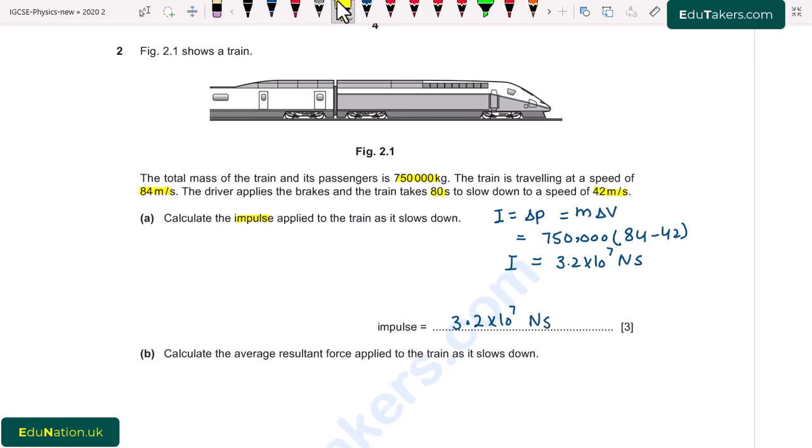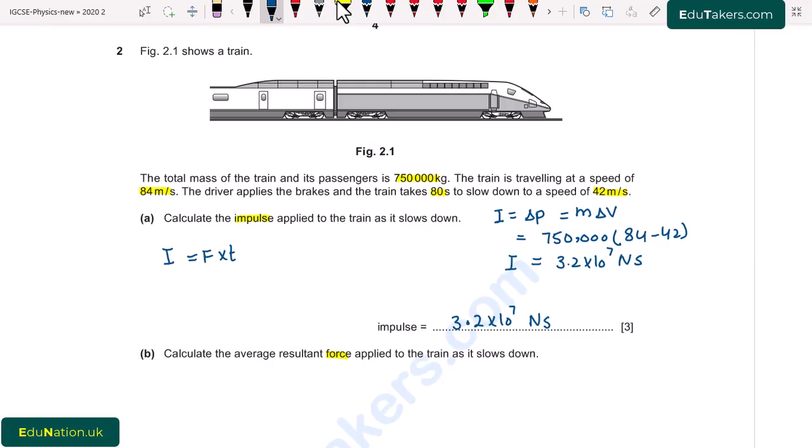Part B. Calculate the average resultant force applied to the train as it slows down. Here we have to calculate the average resultant force, and we know that impulse I is equal to the product of force and time.